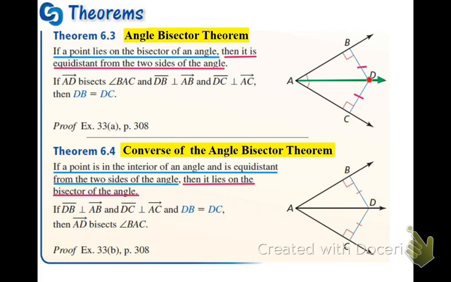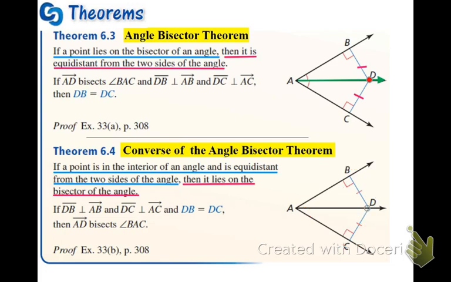So basically, if your angles are marked congruent, that means you could mark the distance from the point to the sides congruent. If the distances from the point to the sides are marked congruent, that means these two angles will also be congruent.